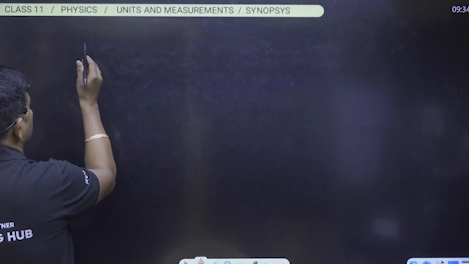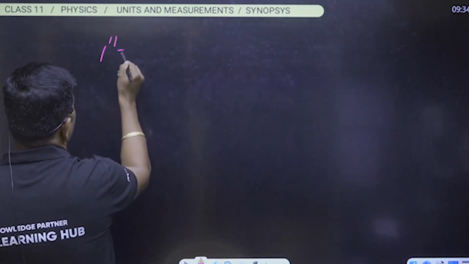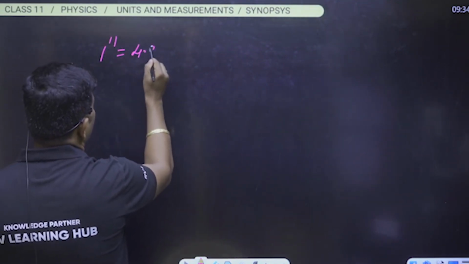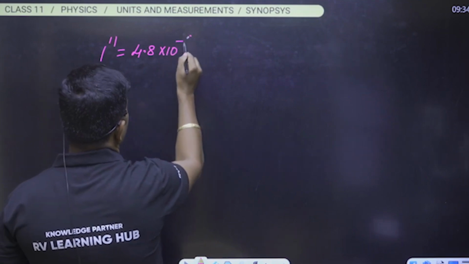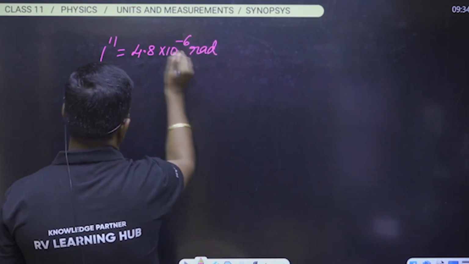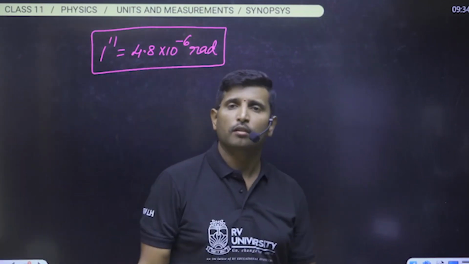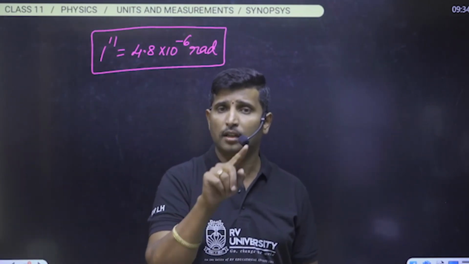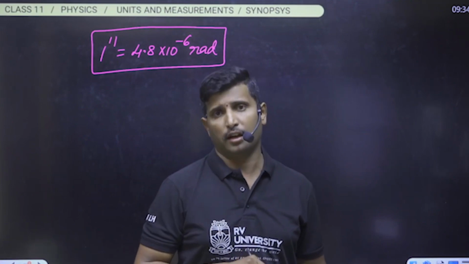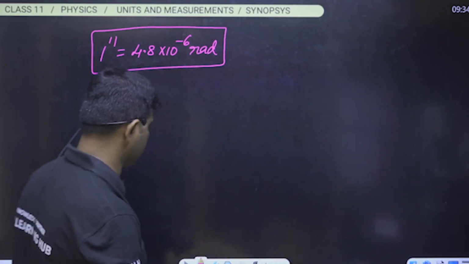So see here, we can say that 1 arc second is always equal to 4.8 into 10 to the power of minus 6 radians. We have to keep this value for conversion of arc second into the SI unit, radians.